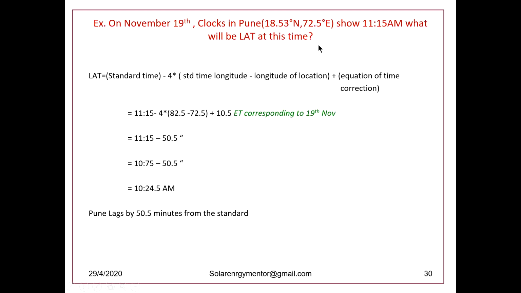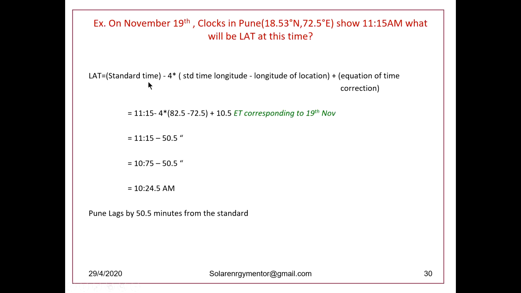What will be the corresponding LAT at 11:15 am? Now the location of Pune is 18.53 degree north, this is the latitude, and 72.5 degree east, that is the longitude. Now we will substitute in this expression.